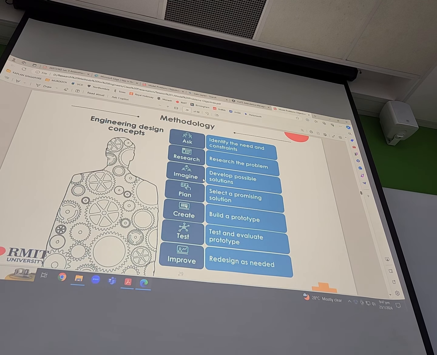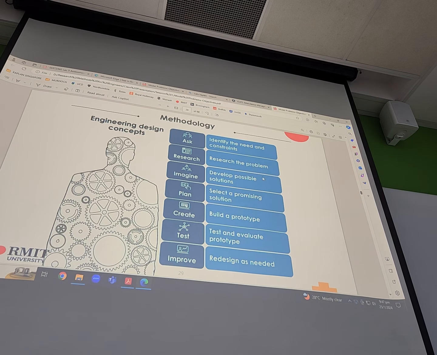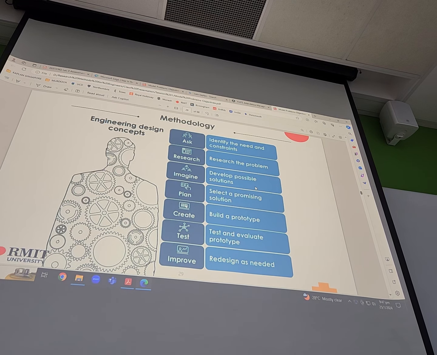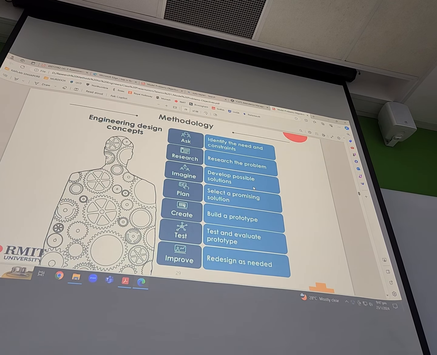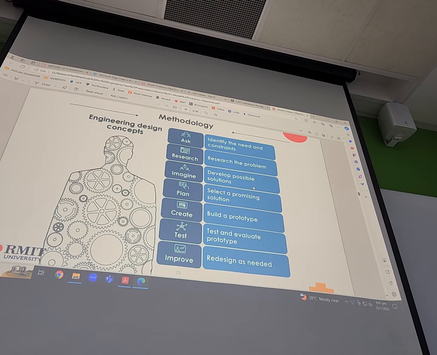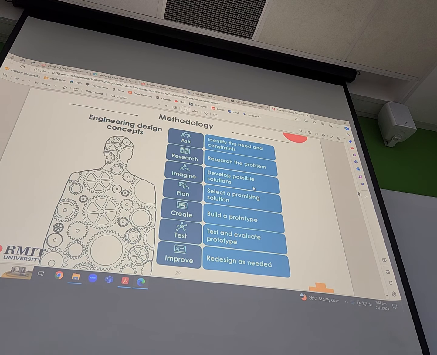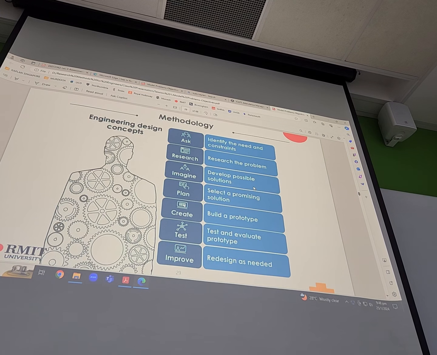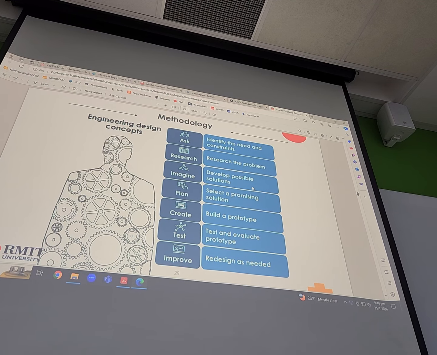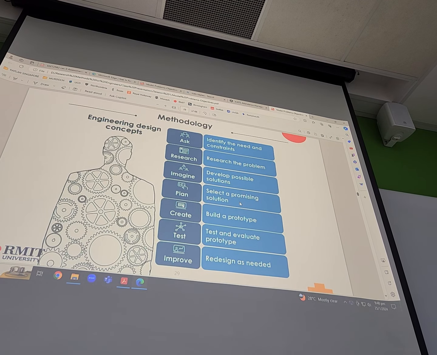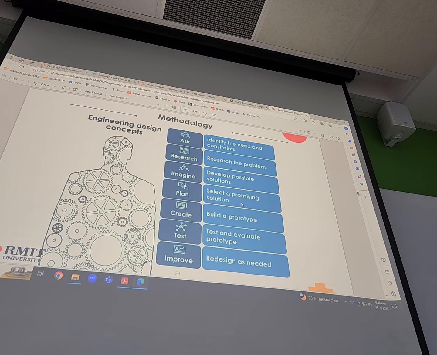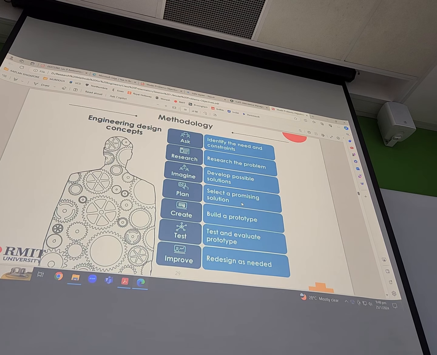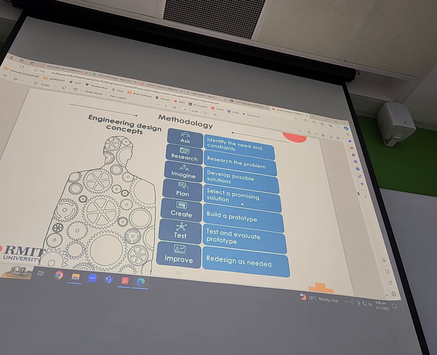Then imagine, meaning coming out with concepts. Okay, develop possible solutions. This is conceptual design, where you are going to use your human knowledge, human logic, or human brain. Then plan. Plan is an integral part of engineering activity. You need to schedule, identify the different tasks related to the topic, then plan how you are going to do it.